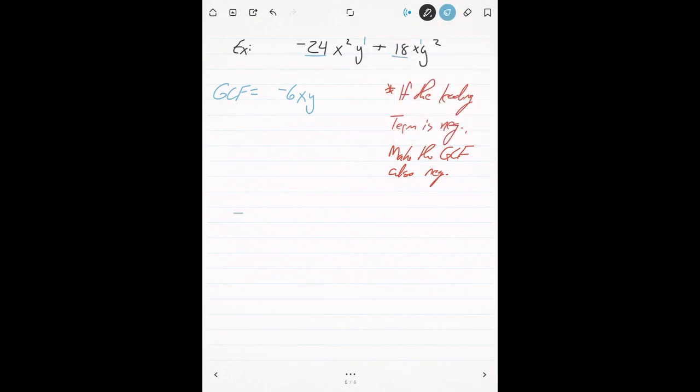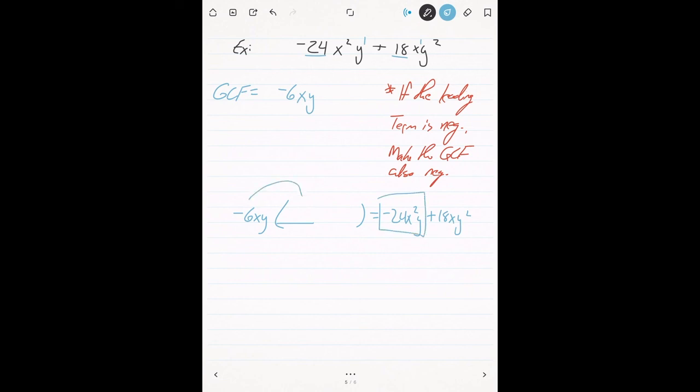So we're taking negative 6xy, multiplying it by some quantity to get negative 24x squared y to the first, and a positive 18 x to the first y squared. All right, first up, what could we have multiplied a negative 6xy by to get negative 24x squared y?